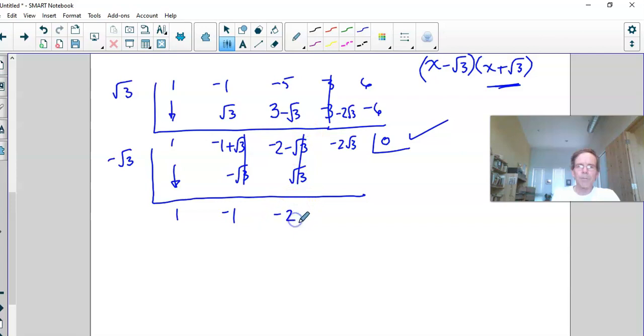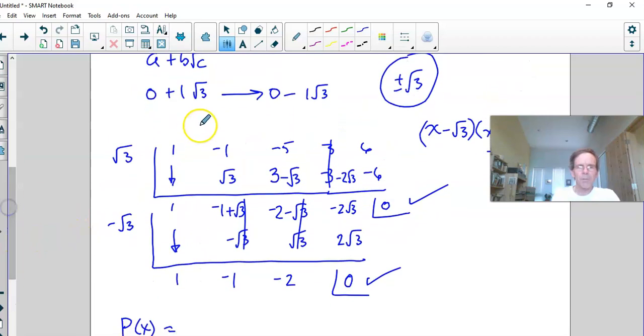We're left with negative 2. Multiply here, we get positive, right? A negative times a negative is positive. 2 square root of 3. And we see we have the same thing in this last column. Add those, you get 0. And now we see that those really were zeros, right? It worked.